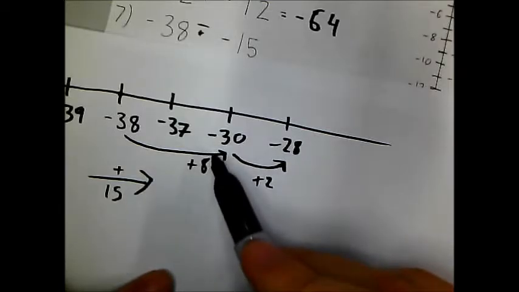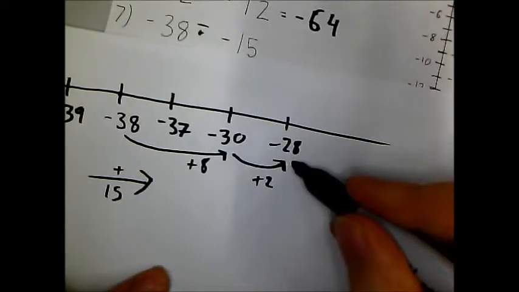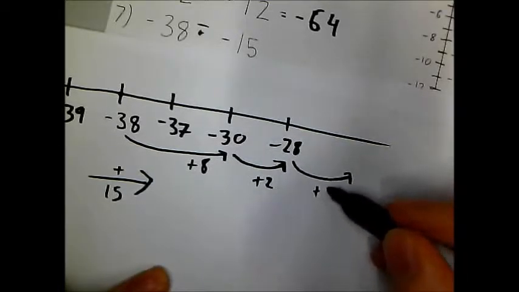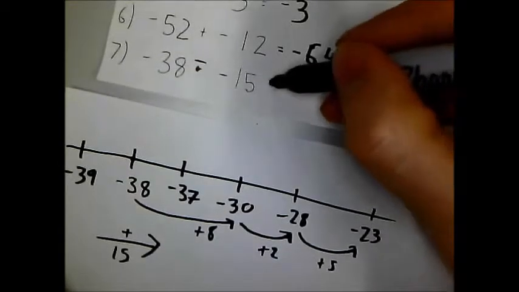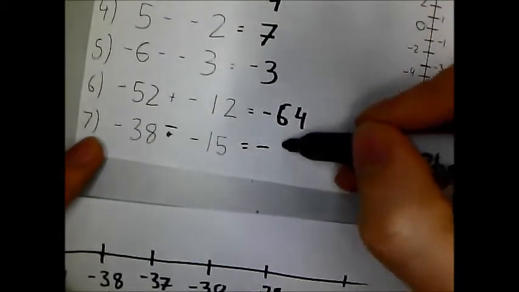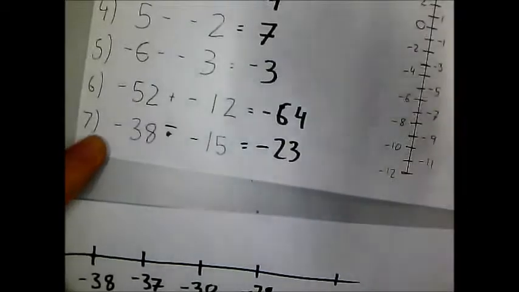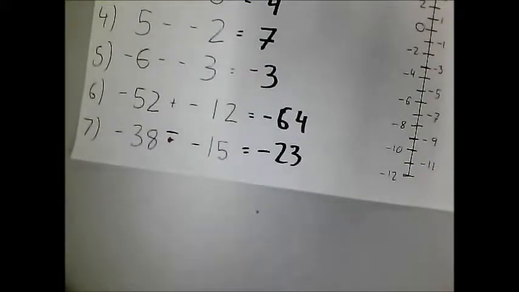And now we've gone up by 10, we want to go up by another 5. So now going up by 5, we end up at negative 23. So that's that one there done. Okay, well done if you had a go at that one.